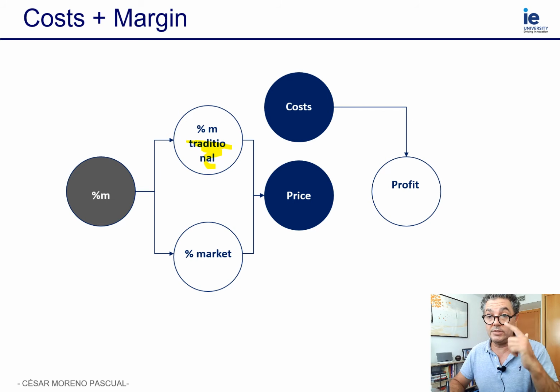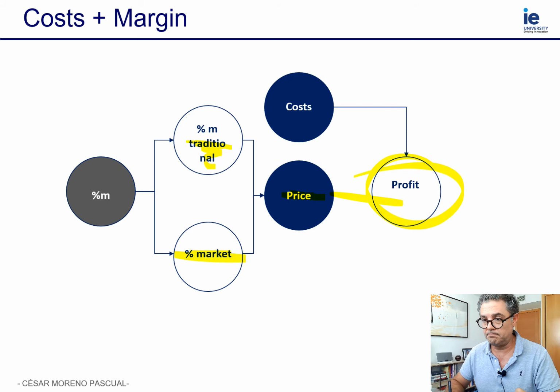The problem with the traditional margin is that you are not capturing the changes in the market and you are not capturing the new perceptions of the customer. Also, you can use the market margin and copy the margin from your competitors. In that sense, you are assuming you are exactly the same as your competitors regarding differentiation. With only this margin and cost, you are calculating the price to get a particular profit.